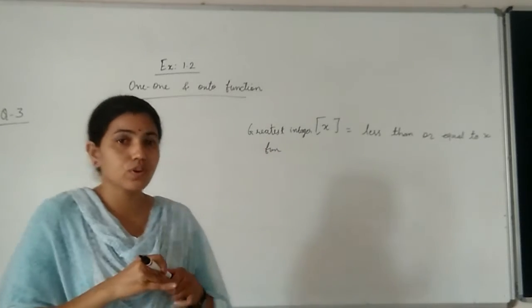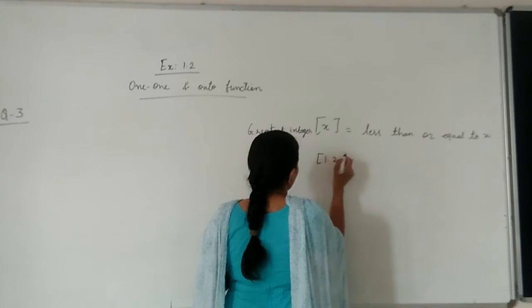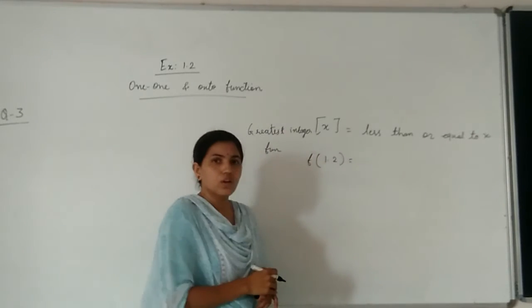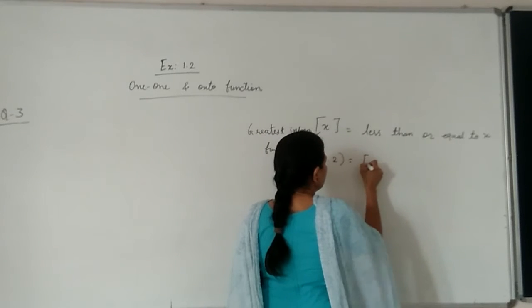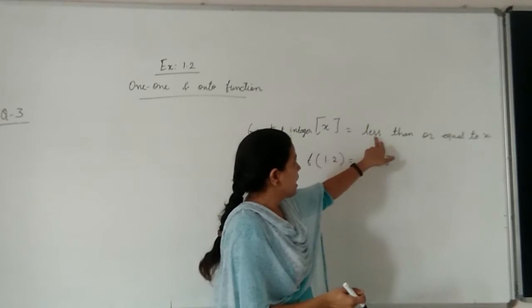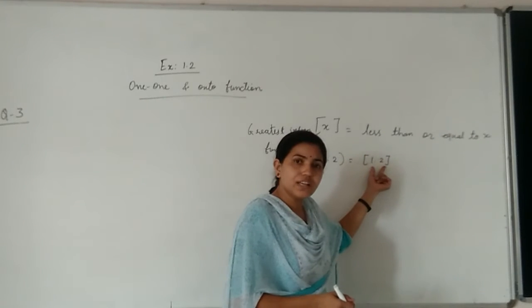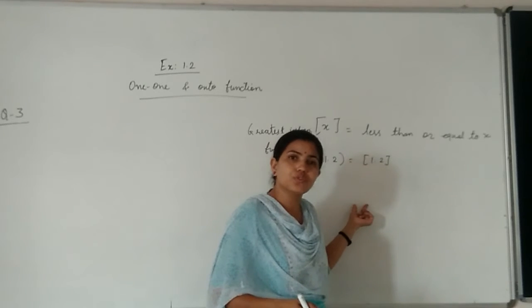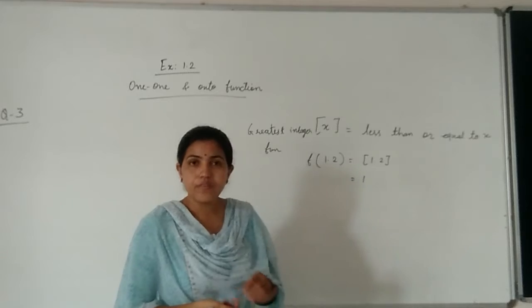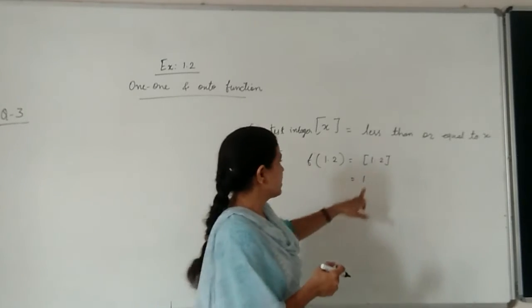If we find the value of f of 1.2, that means the greatest integer of 1.2. So what will it be? Less than or equal to x. Which integer is less than 1.2? That is 1.